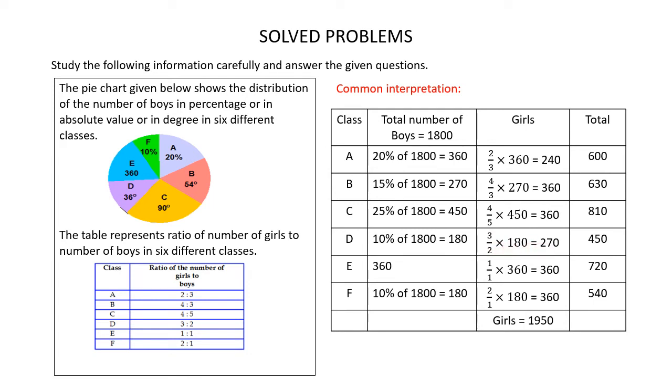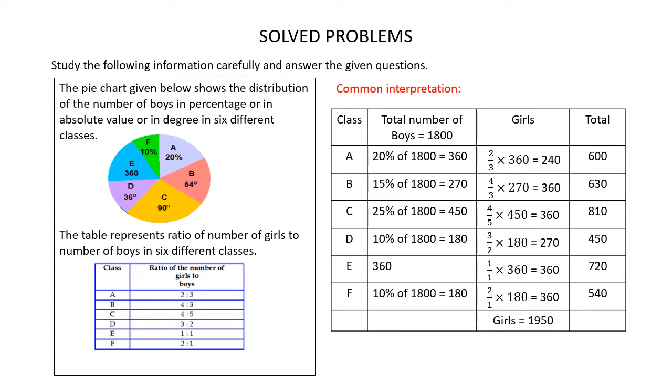The ratio in class E is 1 is to 1. We know the number of boys in class E is 360, so the number of girls in class E is also 360. The ratio in class F is 2 is to 1. So the number of girls in class F is 2 multiplied by 180, which is 360.